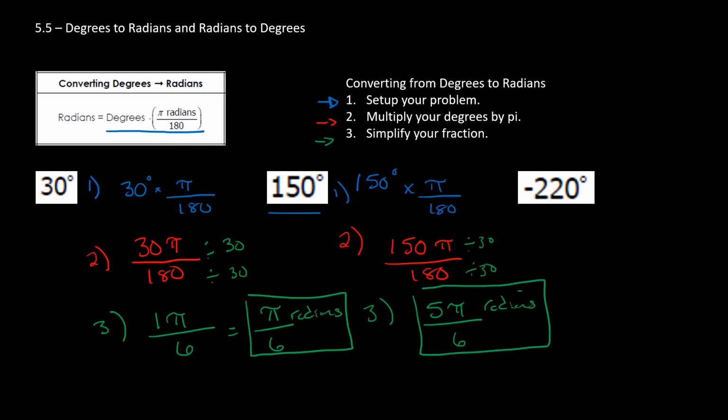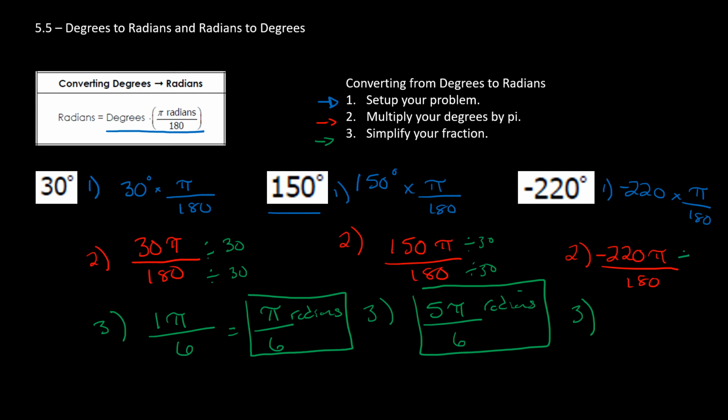And let's do one more together. So step 1, we're going to set up a problem. We're going to say negative 220 times pi over 180. We multiply across here. So for step 2, we get negative 220 pi over 180. We want to go ahead and simplify this out for step 3. Well, what are both of these numbers divisible by?